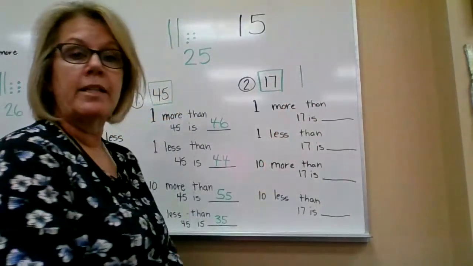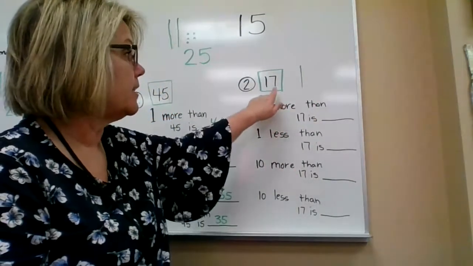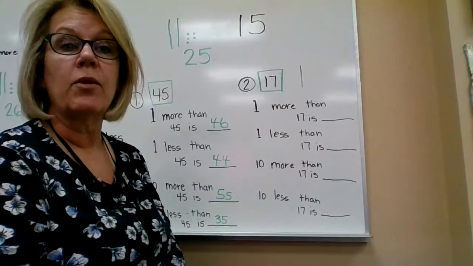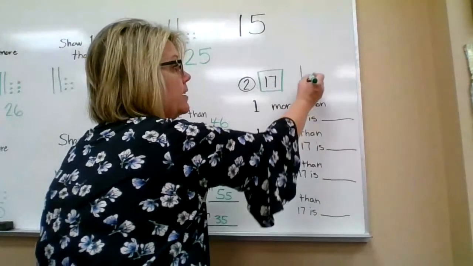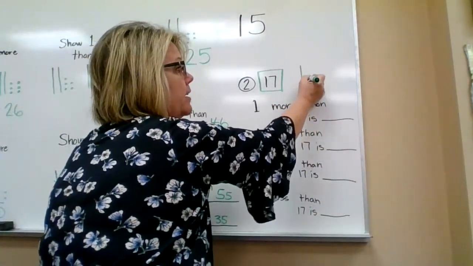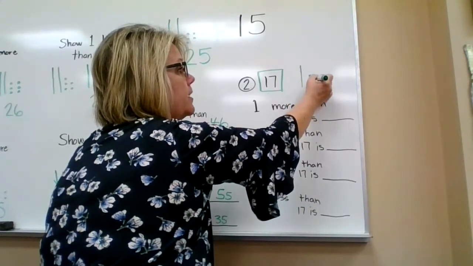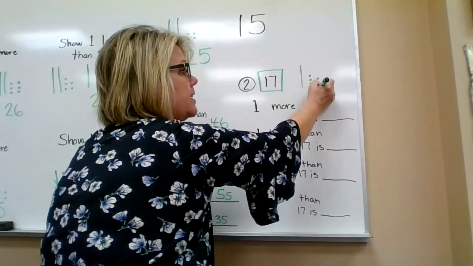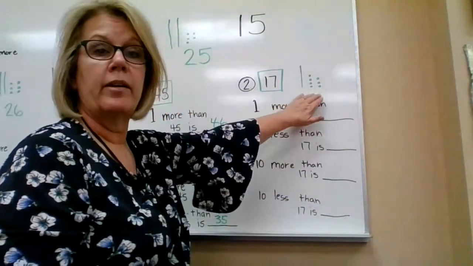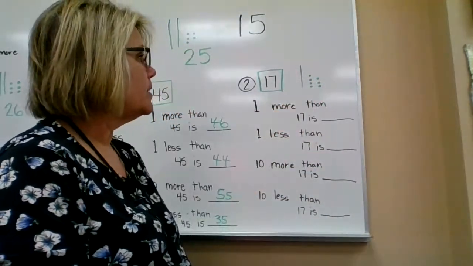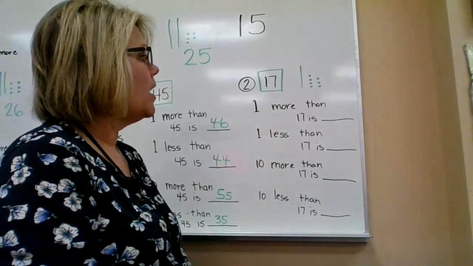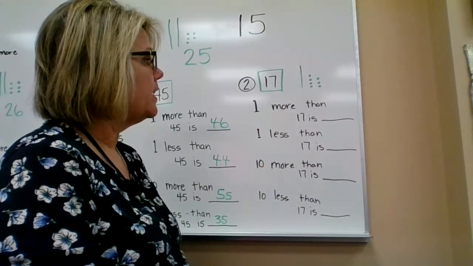And how many ones are there in the number 17? There are 7 ones in the number 17. So this is 10, 11, 12, 13, 14, 15, 16, 17. We just drew it out. There's 17. So what is 1 more than 17?